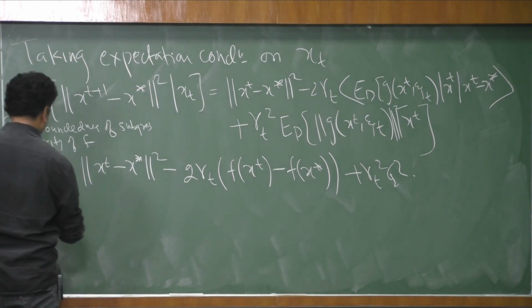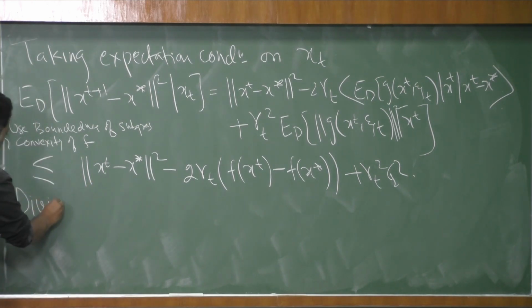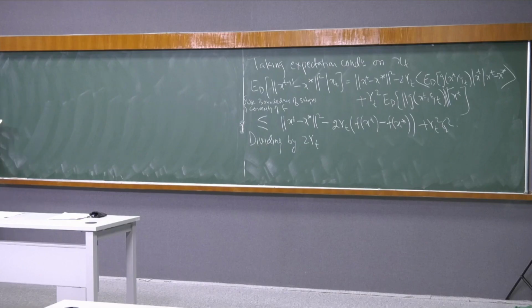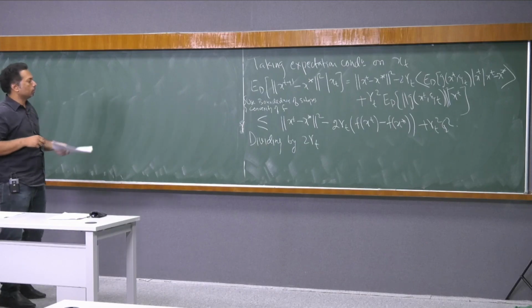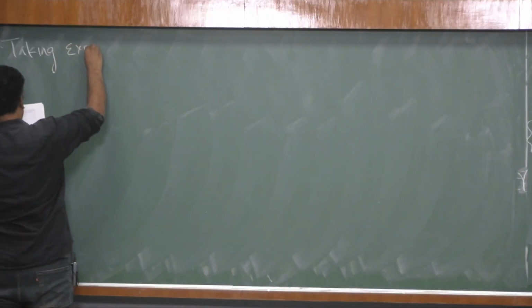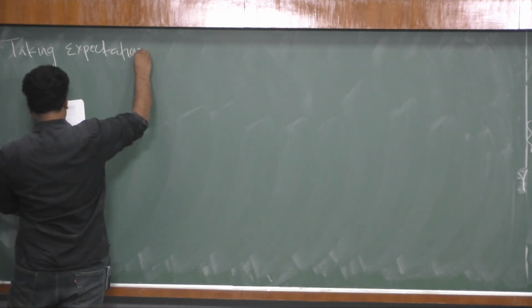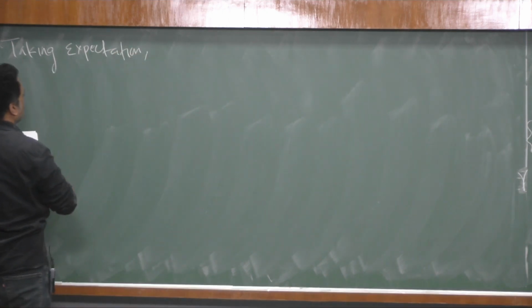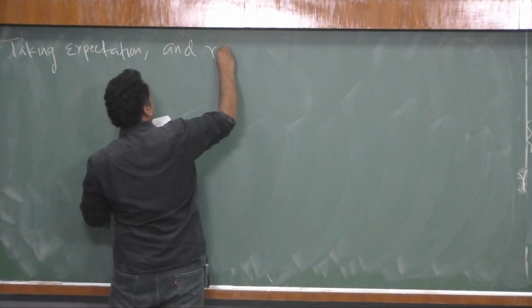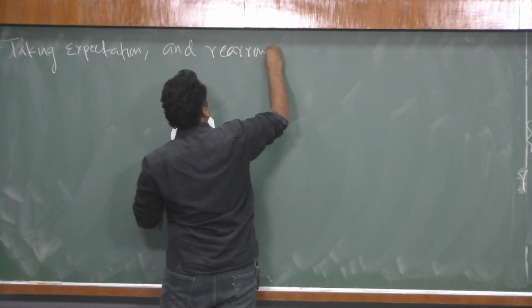So dividing throughout by 2 gamma t, and then we will put f of xt minus f of x star on the left hand side, because the result is about that. So we do a few things in one shot: dividing by 2 gamma t, which we already did, and then we also take expectation and rearrange.